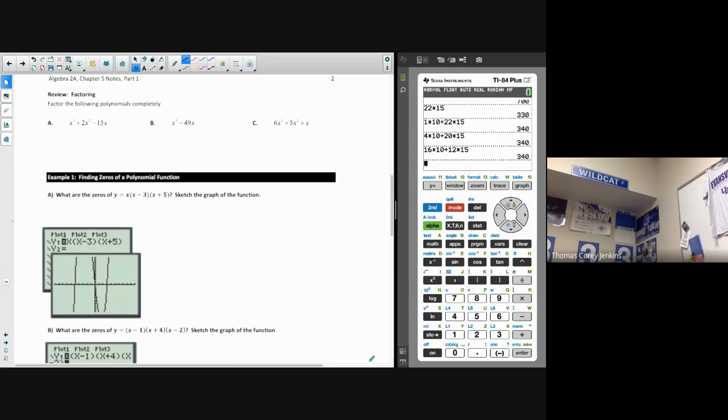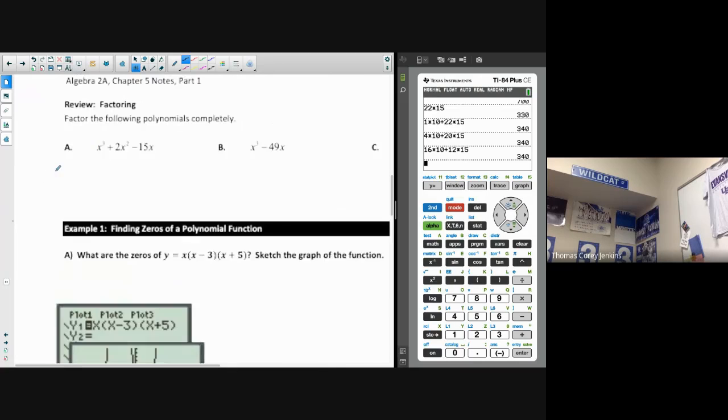All right, so we'll start on our examples with a review of some factoring. It just says factor the following polynomials completely. I'll probably just look at each one because they're important. This one says x to the 3 plus 2x to the 2 minus 15x. We have not factored any cubic trinomials, so what we'd want to do first here is factor out a GCF.